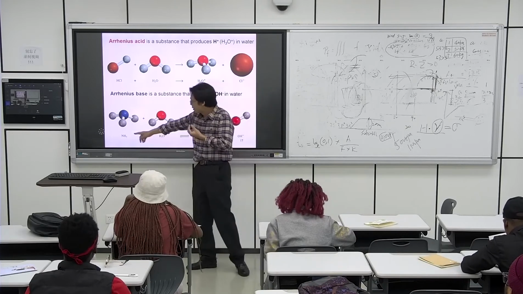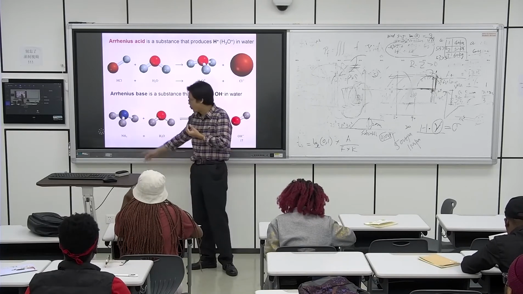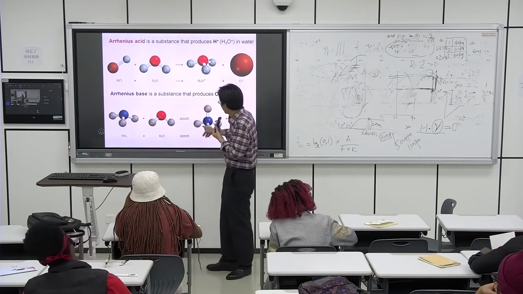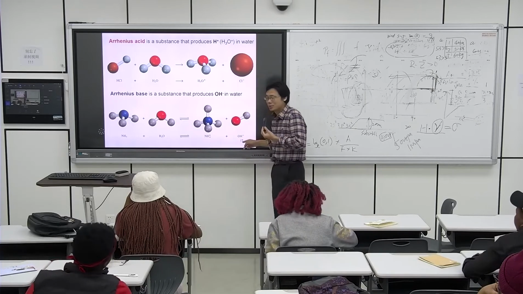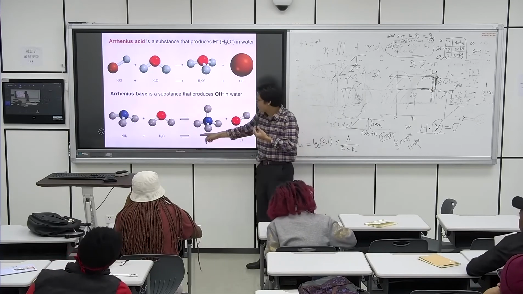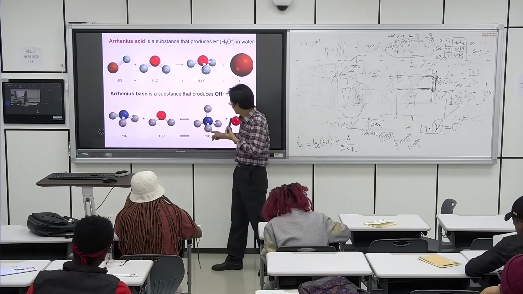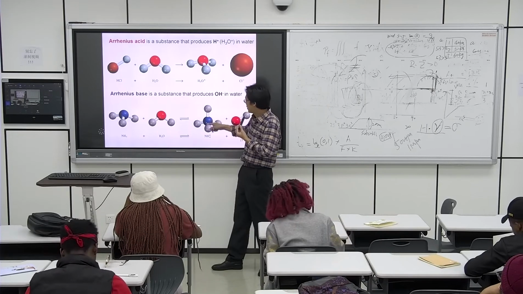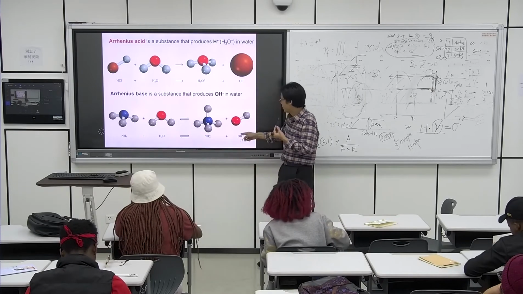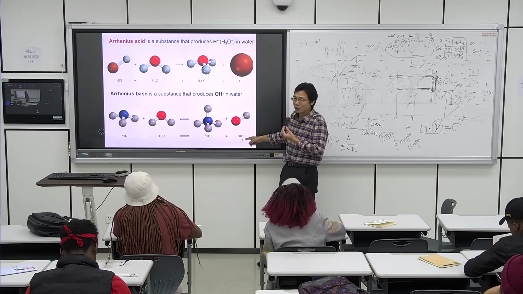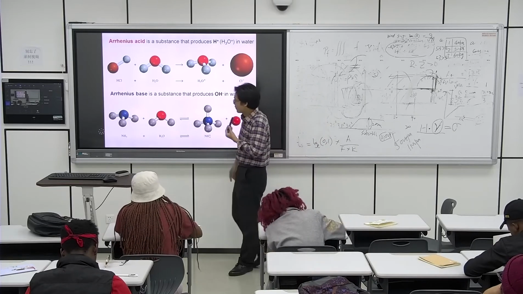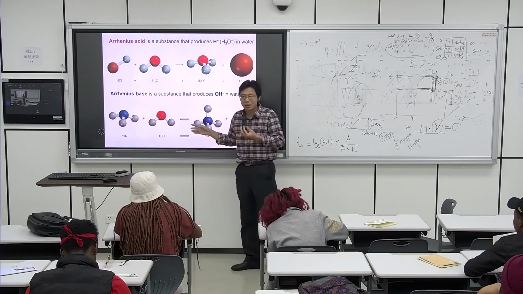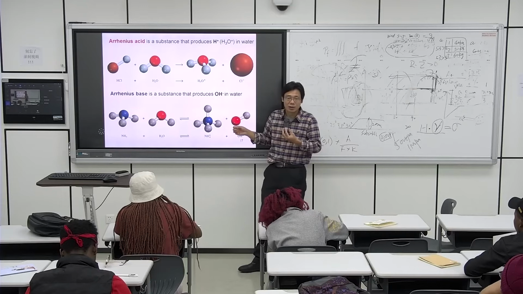And when we say this is base, why? When it is dissolved in solution, it will produce OH. So in this case, we can say it will get one hydrogen. We get hydrogen to form this cation and release OH. So in all the solutions, the solvent is water.